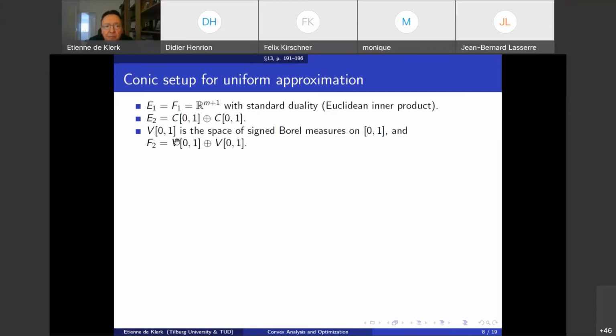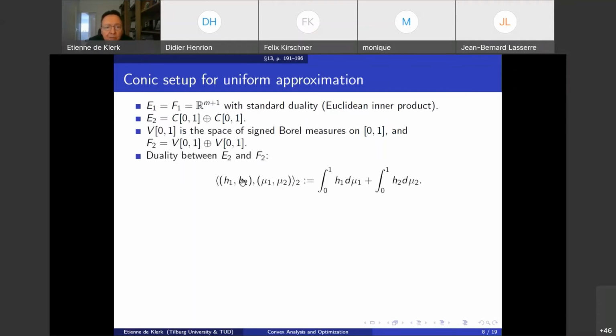Our space F2 is a space of signed Borel measures, as before, and our vector space V2 is going to be this direct sum of two copies of the signed Borel measures on 0,1.